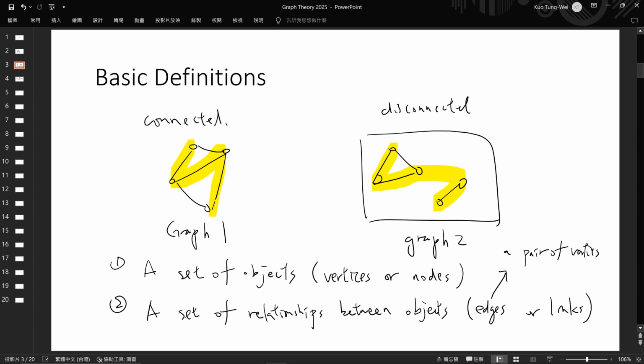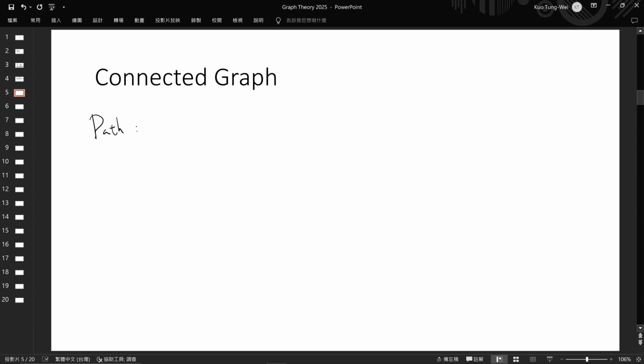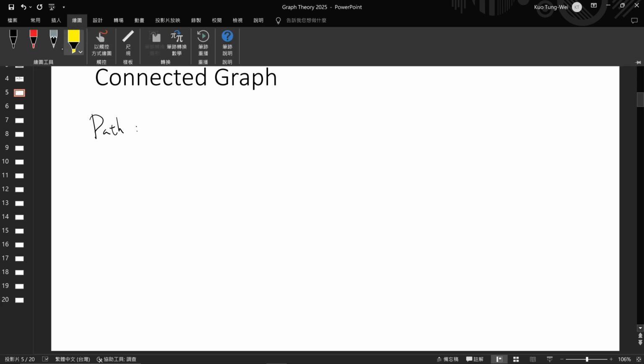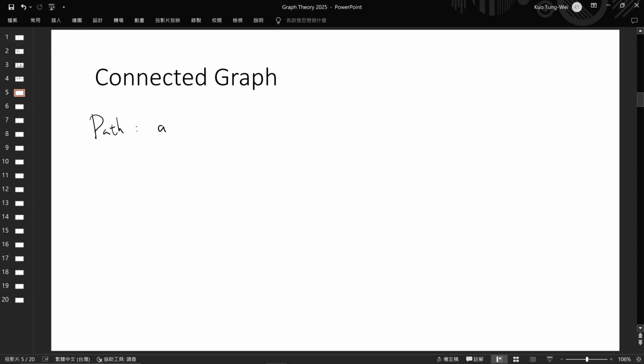So to define a path for a graph, it is just a sequence of vertices, such that for every pair of consecutive vertices, there's really an edge between them. So a path, let's call it v1 to vk. To have a path, you need to have a sequence of vertices.